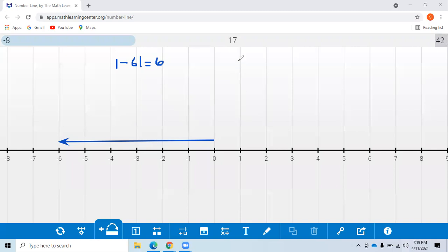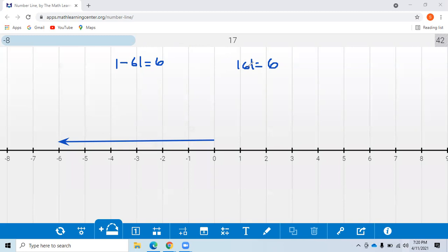And if I want to find the absolute value of +6, I could do it the same way by drawing a line or an arrow, or I could just count 1, 2, 3, 4, 5, 6, and I see that +6 is 6 units from 0 on the number line, so its absolute value is also 6. -6 and 6 are opposites.